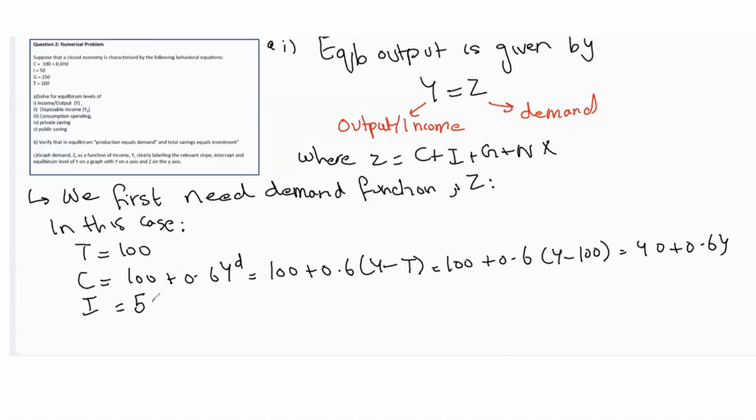Then I is 50, given in the question. G is 250, again given in the question. And NX is 0 because it's a closed economy, as mentioned.